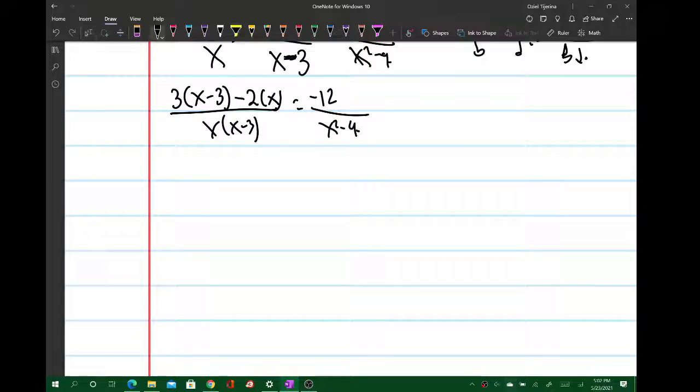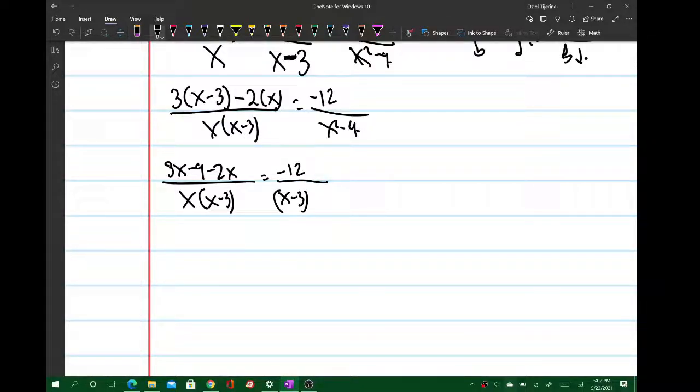And then we have 3x minus 9 minus 2x over x times x minus 3 equals negative 12 over x minus 3 times x plus 3, because this we can factor.